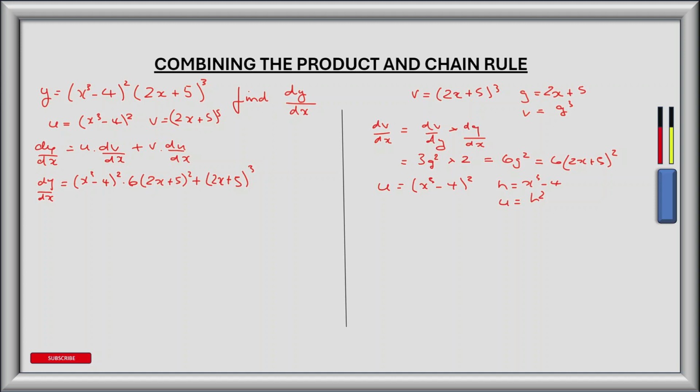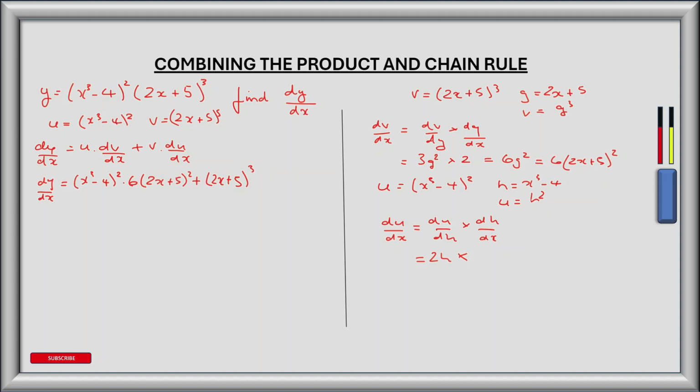So applying the chain rule, we have du by dx is equal to du by dh multiplied by dh by dx. So u is h squared, so du by dh is 2h multiplied by dh by dx.